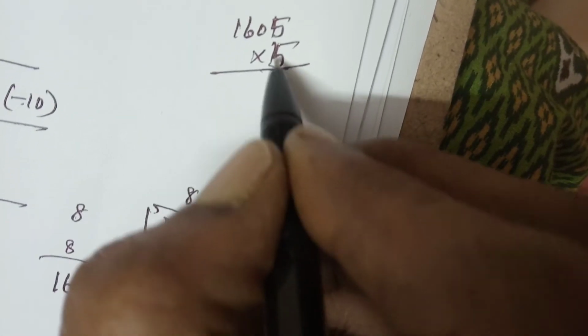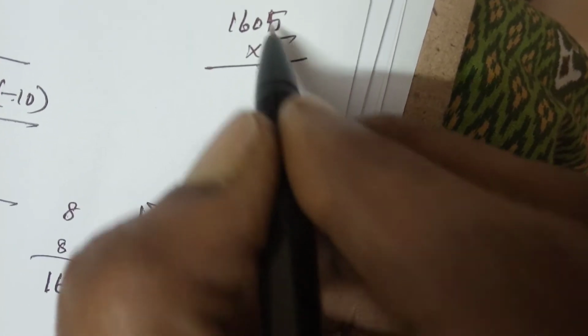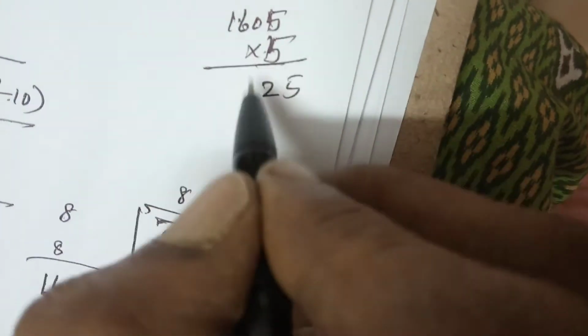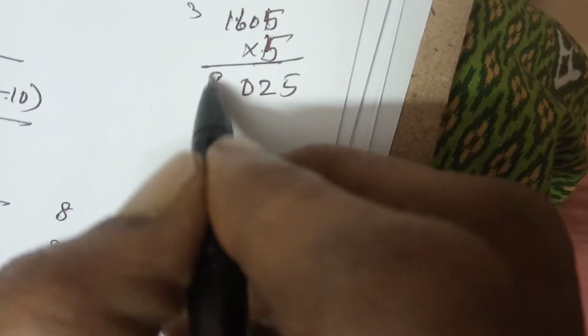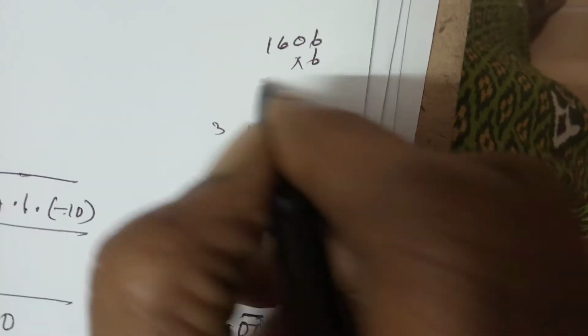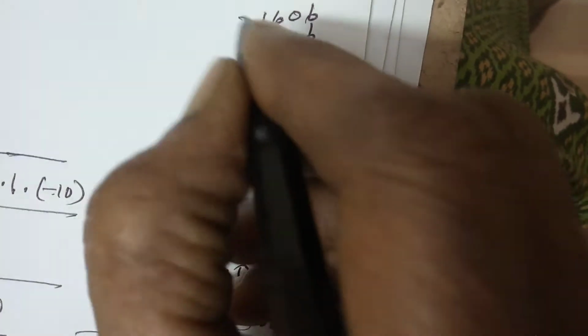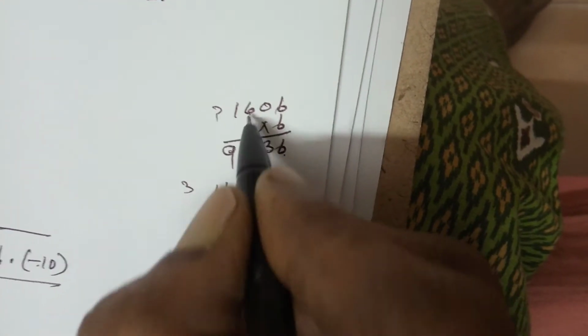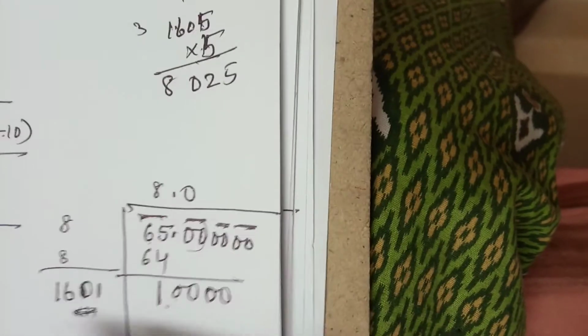With 5 if you try, then we can assume which to be the square root. 5 5s are 25, 5 6s are 30, 5 1s are 8. Now this is 10,000, this is 8,000. So let me try with 6: 6 6s are 36, 6 6s are 36, 9,006.